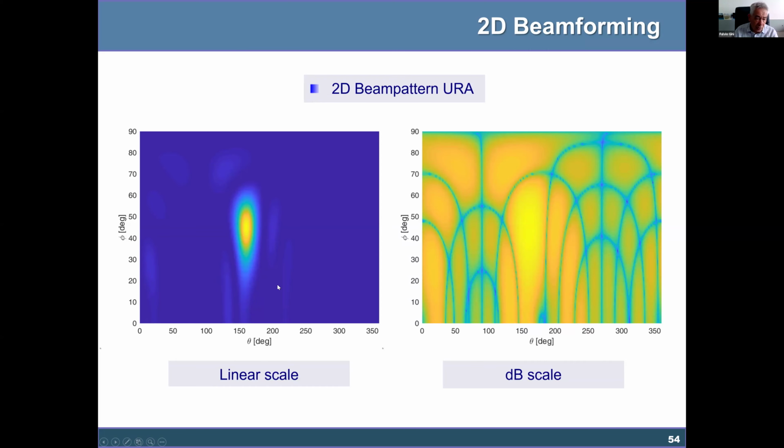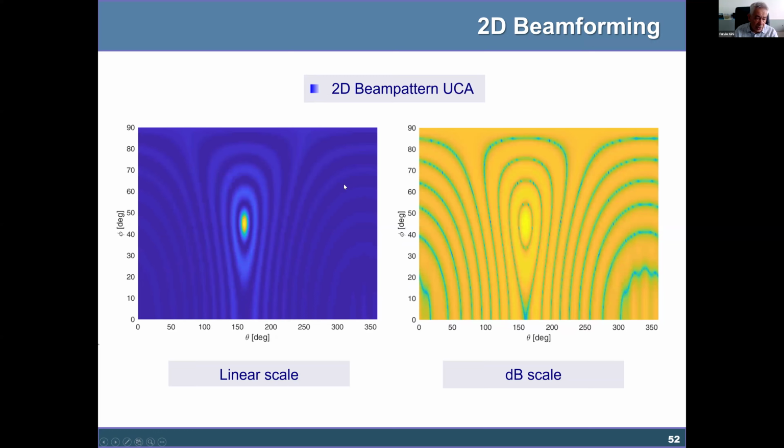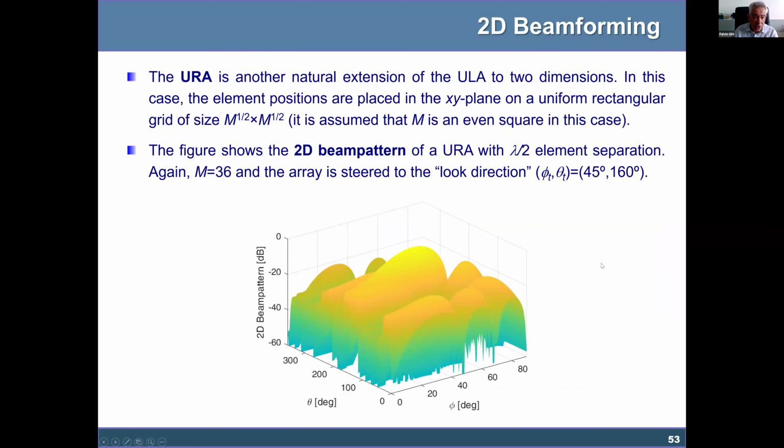You can see this if you compare this picture with this picture, where you see higher side lobes. So the uniform rectangular array, if you compare by assuming that they have the same number of sensors, has smaller aperture, so worse resolution, but better side lobes. So none is better than the other. They just have a different trade-off between resolution and side lobes.